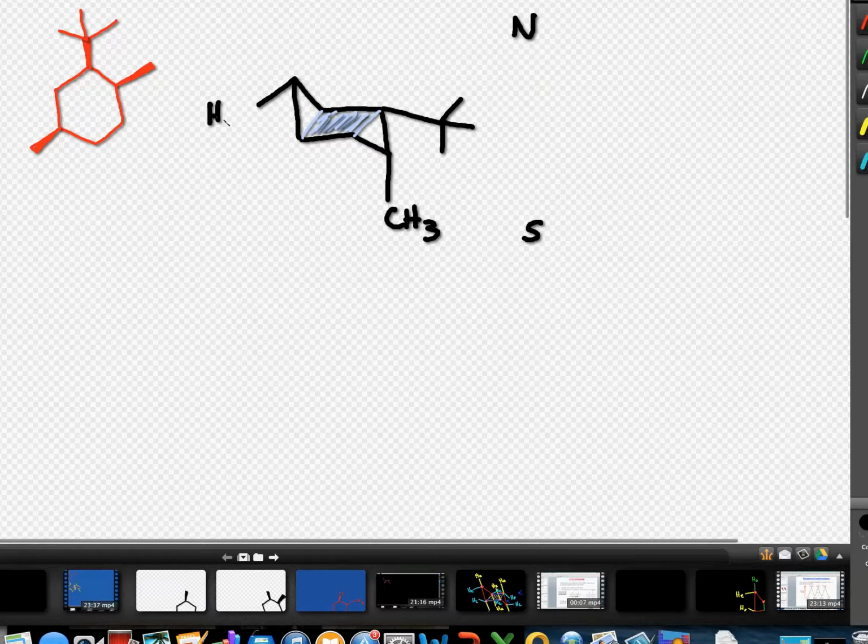I'm going to draw 2 molecules. And the question is, determine whether the following pair are constitutional isomers, identical, or no relationship.